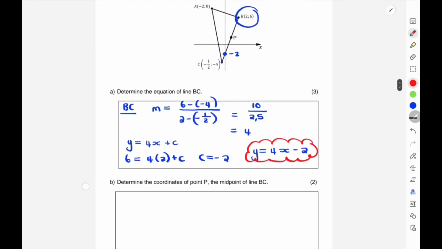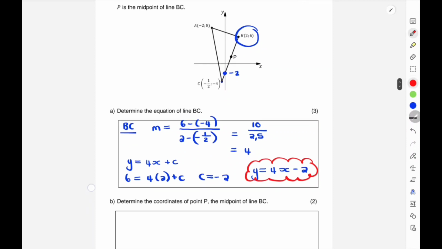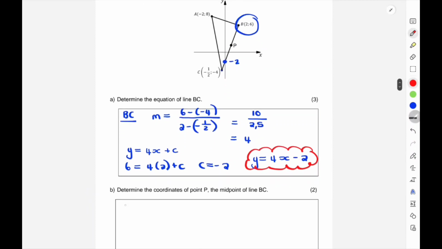Okay, determine the coordinates of point P, the midpoint of BC. So point P is the 2 x values added together divided by 2, and the 2 y values; sorry, I didn't add them in now, but you get my drift.